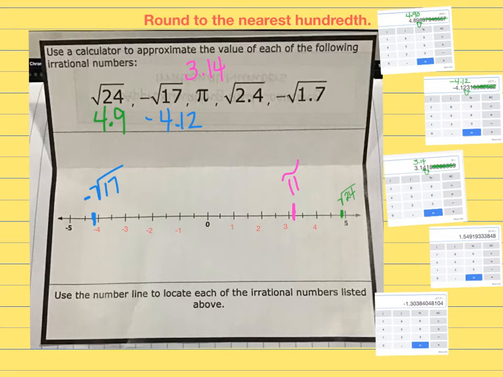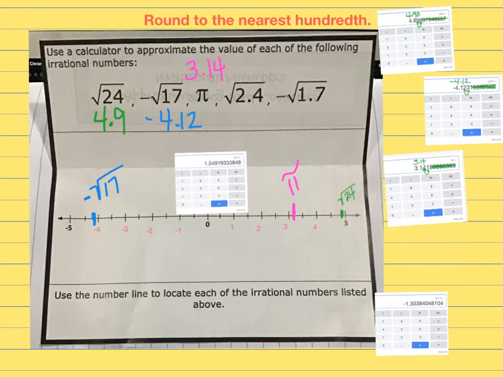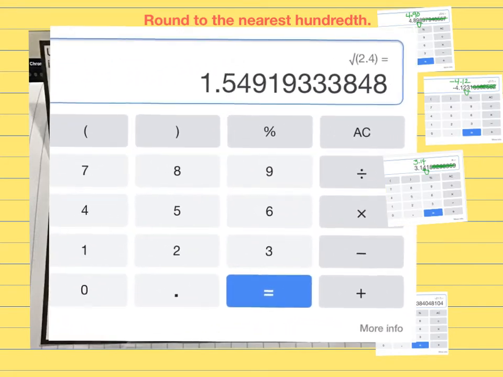The fourth number is square root of 2.4. I typed in square root of 2.4 on the calculator and pressed equals. I have 1.549. The number in the hundredths place was the 4. If I look one spot behind it to know if I round up or stay the same, that's large enough to go up.